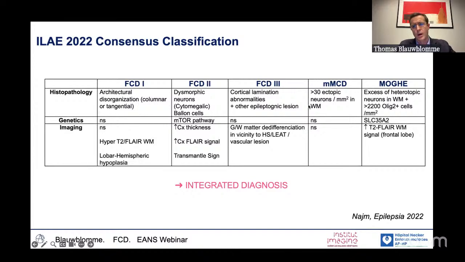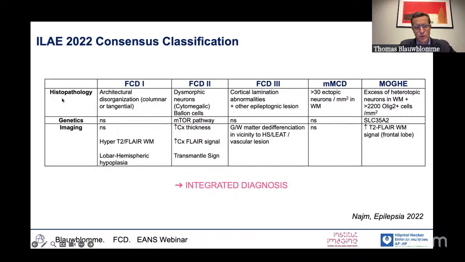You have 5 subtypes of focal cortical dysplasia among the surgical series, which are the type 1, type 2, type 3, mild MCD, and the recently described MOG. What is important to note is now the WHO plus the ILAE, the International League Against Epilepsy, wants to talk about an integrated diagnosis.